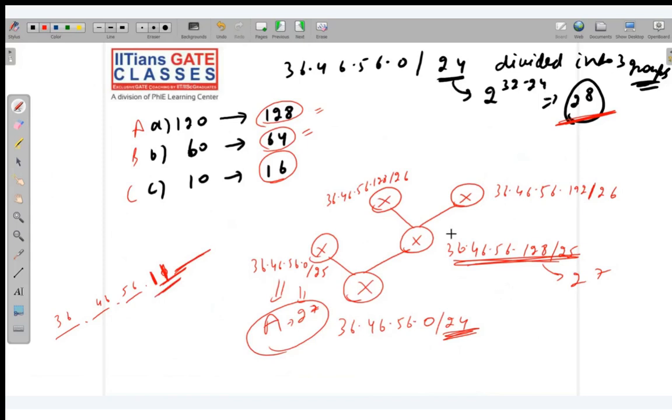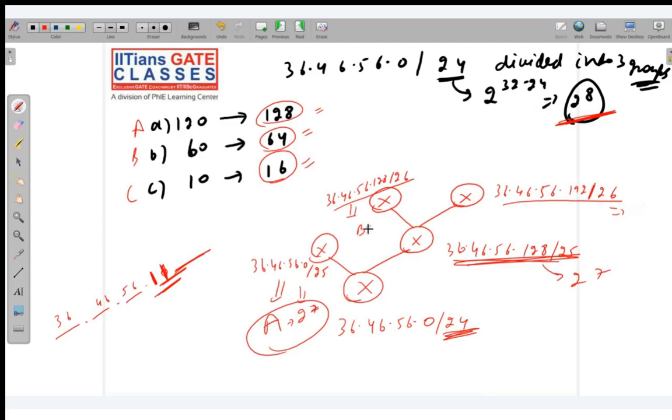Yes. Now it's your choice whether you give this block or the other block to organization B. I'm assuming I'm giving this, so let me give this to organization B. Now organization C needs 16 IP addresses only. How many IP addresses are we having here? 2 power 32 minus 26, that is 2 power 6, that means 64 IP addresses.